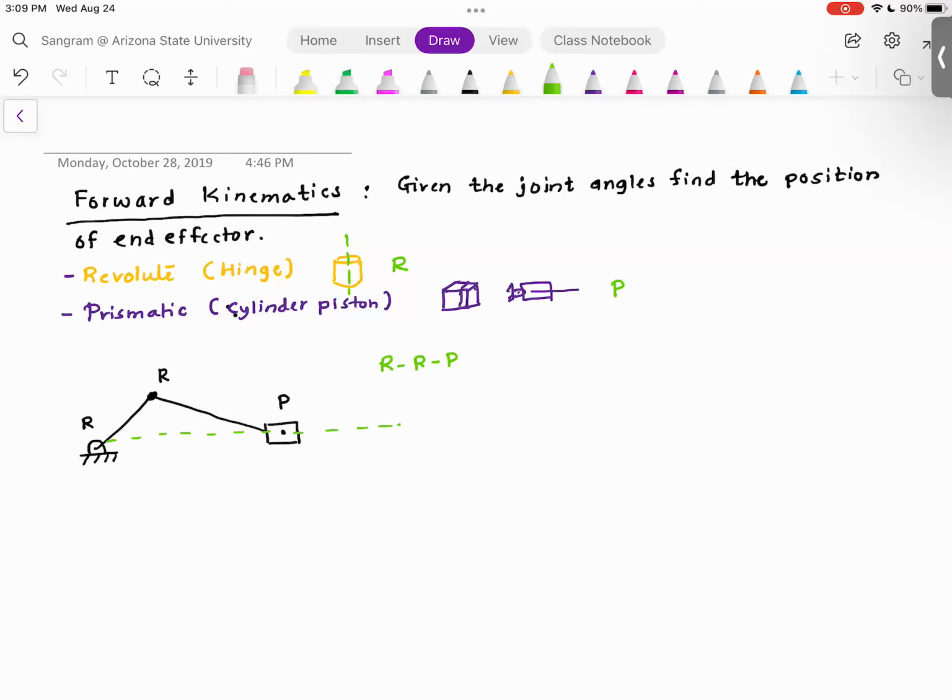Degree of freedom is the number of independent coordinates that are required to specify the state of the system completely. For example, I have an object. If this object is in three-dimensional space, it has 6 degrees of freedom: translation in X, translation in Y, translation in Z, rotation about X, rotation about Y, and rotation about Z. But what you do is you add constraints and then basically take away those degrees of freedom.